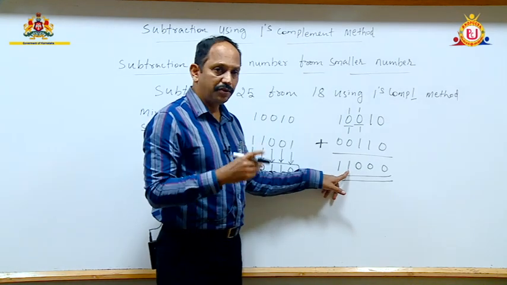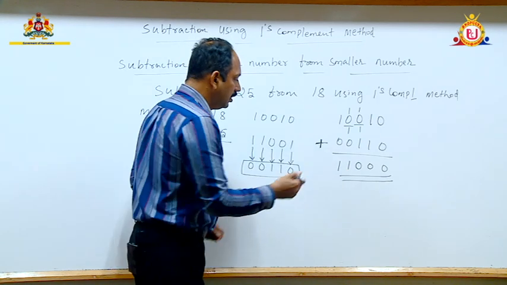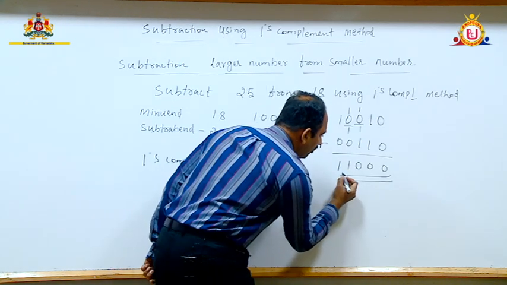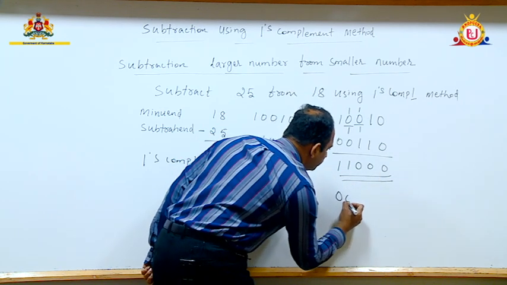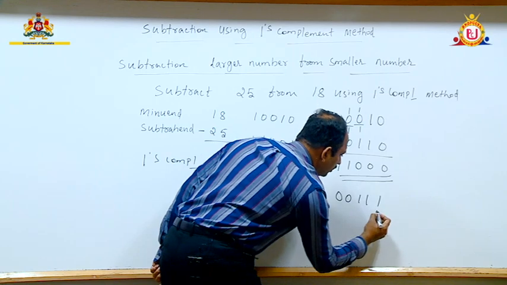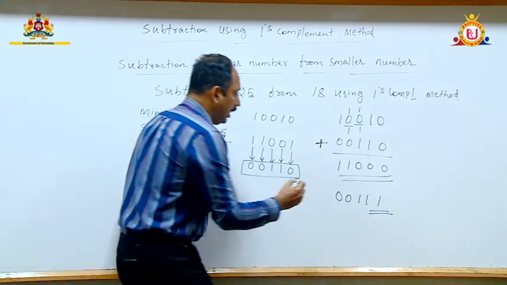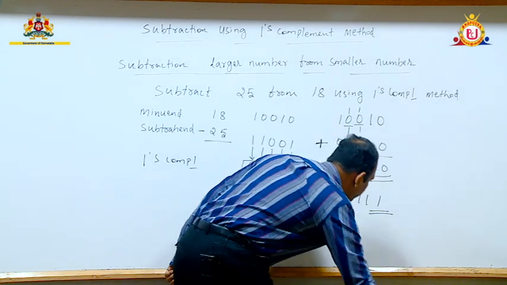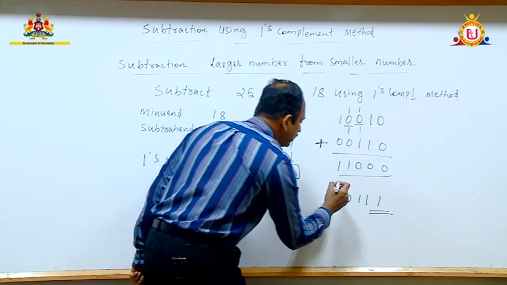So what is the 1's complement of 1 1 0 0 0? It is 0 0 1 1 1. I have just recomplemented the result that I got from the addition.